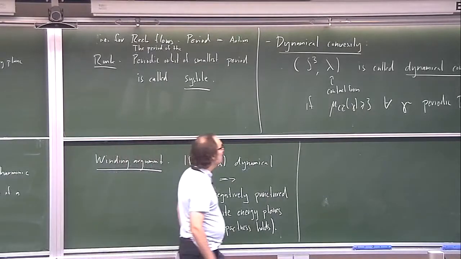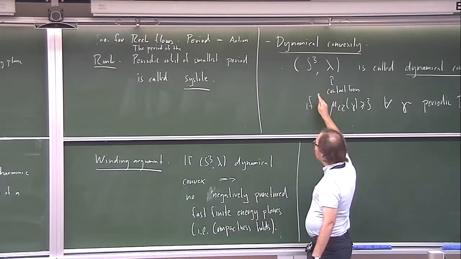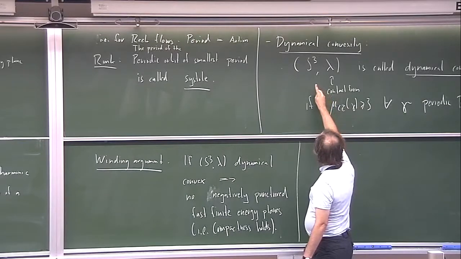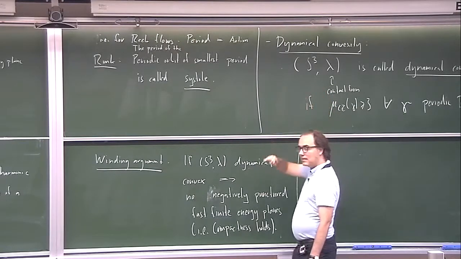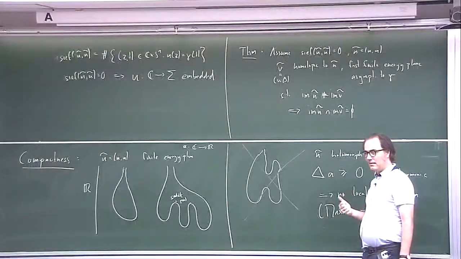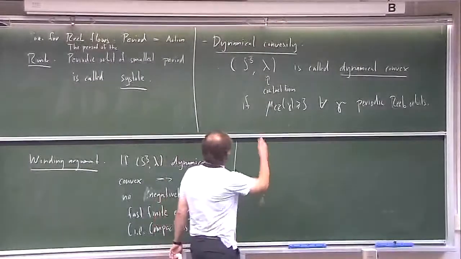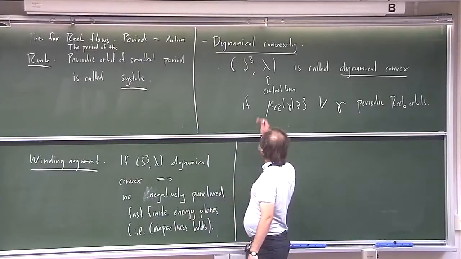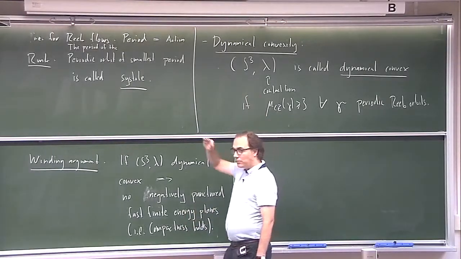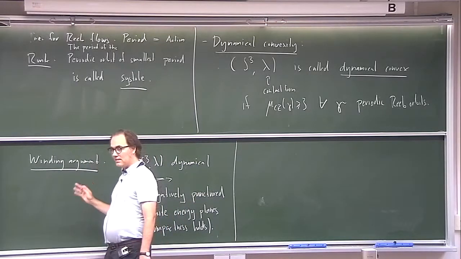So this means that the contact form is tight. Eliashberg proved there is a unique tight contact structure on S3, and you can obtain S3 as a star-shaped hypersurface in C2.